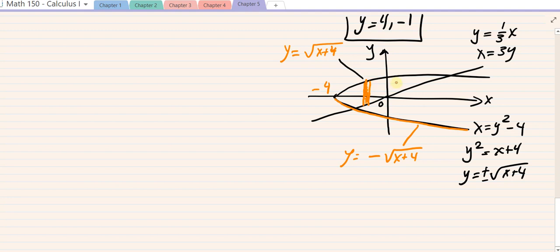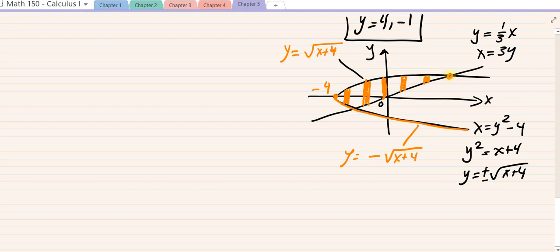These rectangles can vary over the interval, and the interval starts at -4. My rectangles could have different heights. The rectangles must touch the upper function and they must touch the lower function. Every one of those has a width dx.